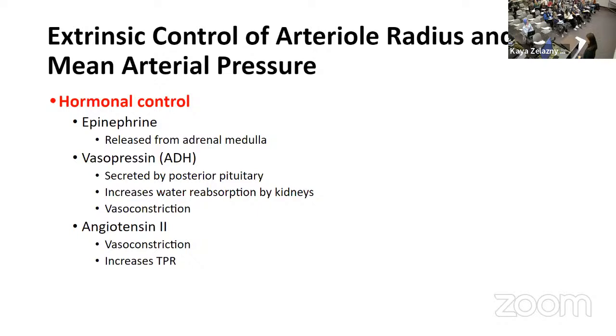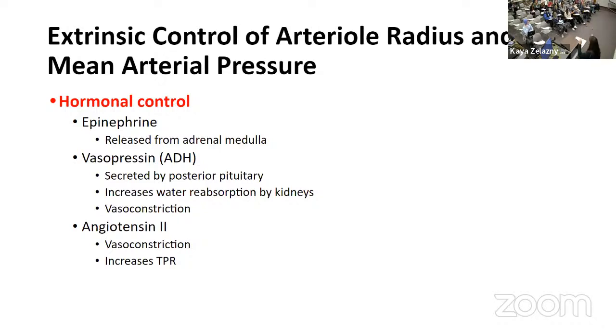Okay. So our two new tack-on concepts for hormonal control are vasopressin and angiotensin II. Vasopressin, or ADH, is one of our hormones secreted by the posterior pituitary. So we spent a lot of time thinking about the anterior pituitary when we talked about the pituitary gland and the hypothalamus.